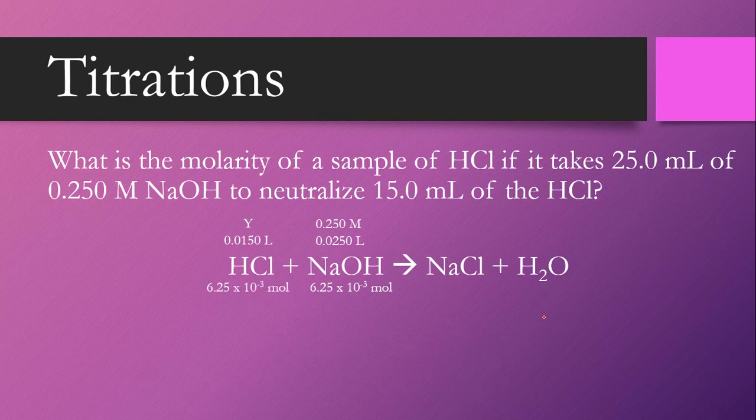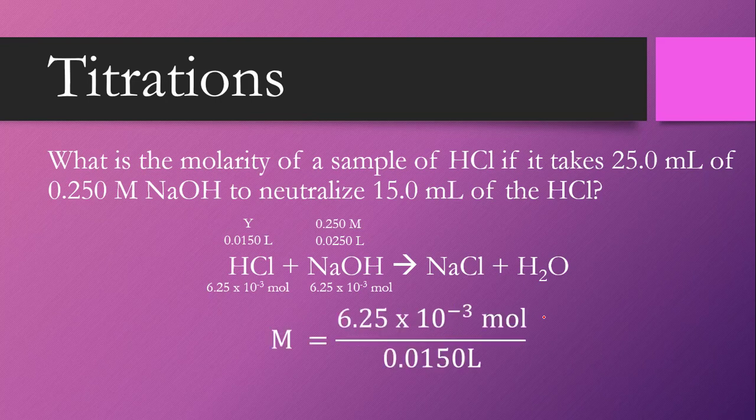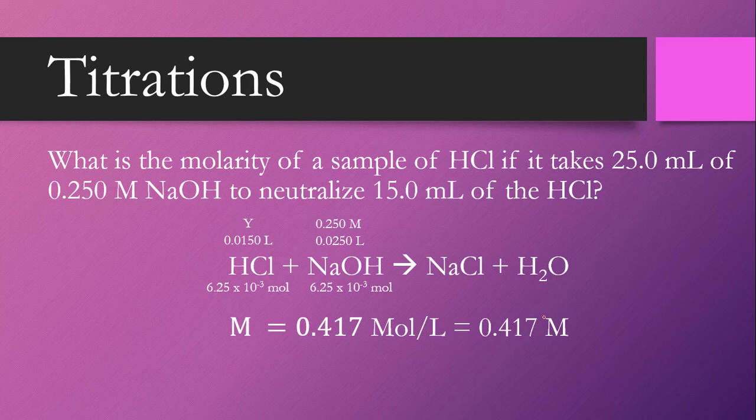The question asks for molarity. Molarity equals moles divided by liters. Substituting in my values, 6.25 times 10 to the minus 3 moles divided by 0.0150 liters, I get 0.417 moles per liter, which is the same thing as 0.417 molar. That's all there is, a simple stoichiometry calculation.